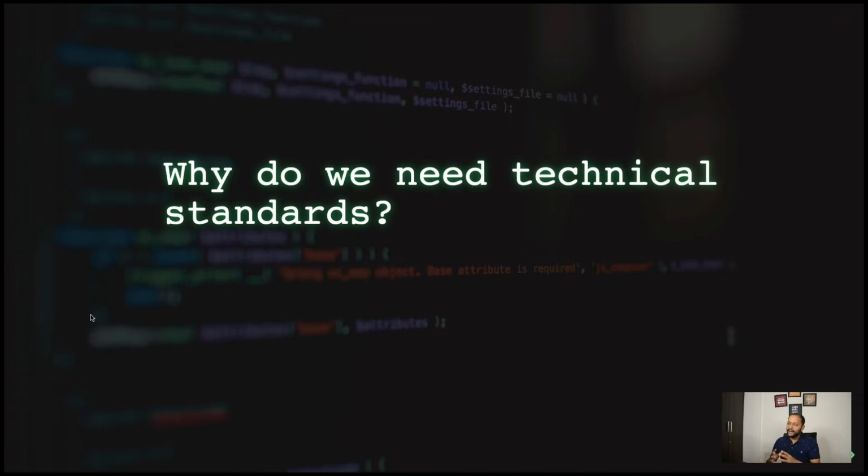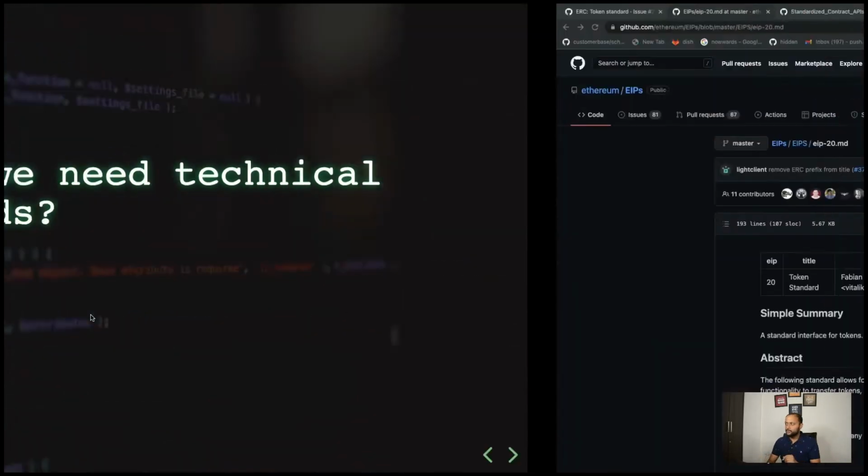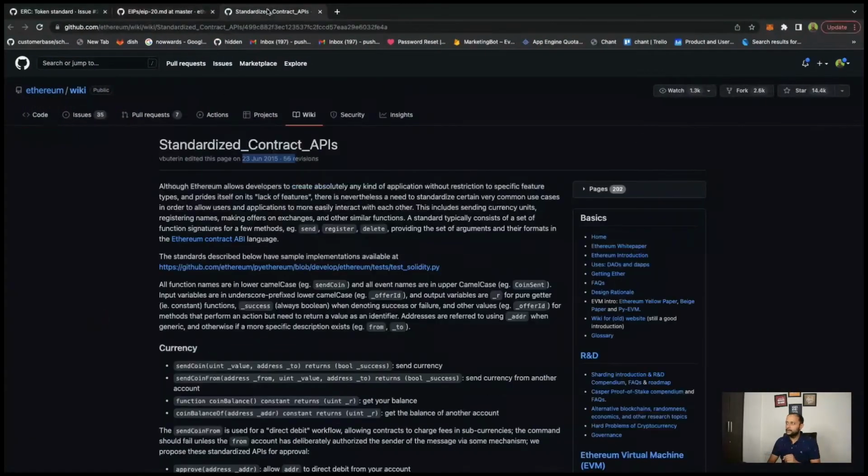So the idea behind creating this standard was basically to streamline things and make a few things known. And a very interesting proposal was provided back on 23rd June 2015 by Vitalik himself.